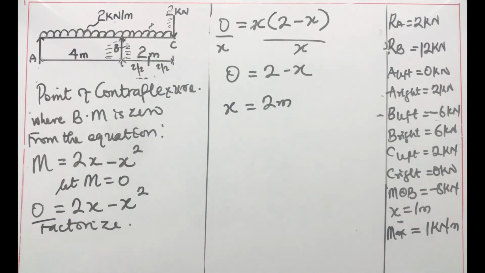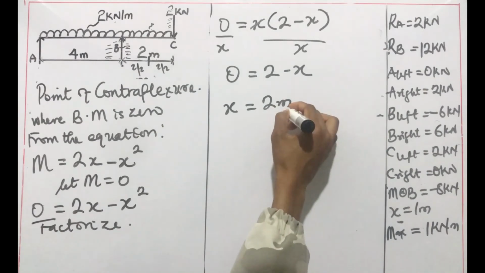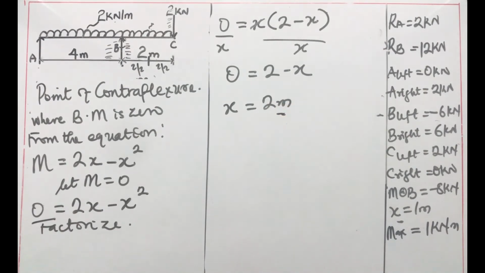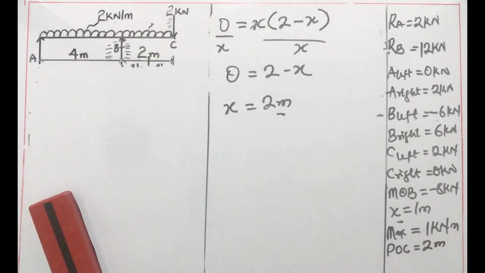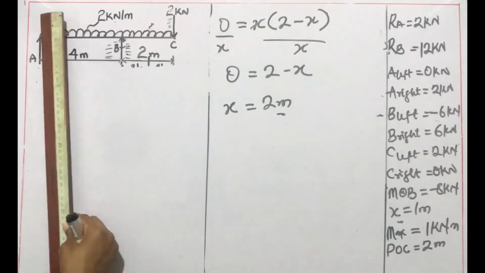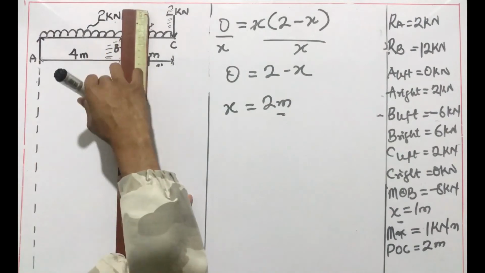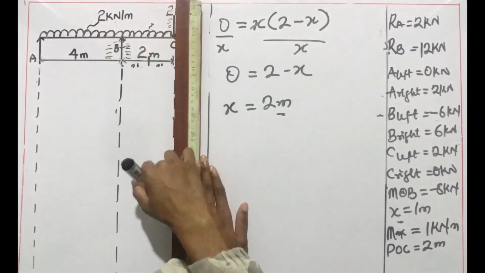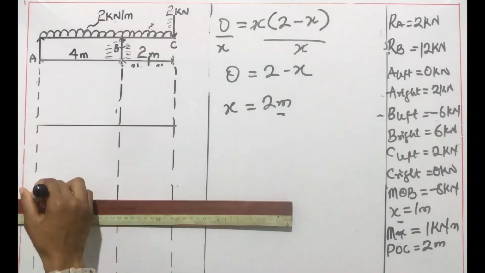So this simply means that the point of contraflexure occurred at 2 meters from point A. The next thing to do is to draw the shear force diagram and the bending moment diagram for this equation. POC simply means point of contraflexure.